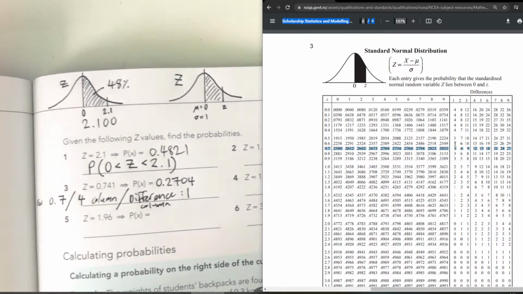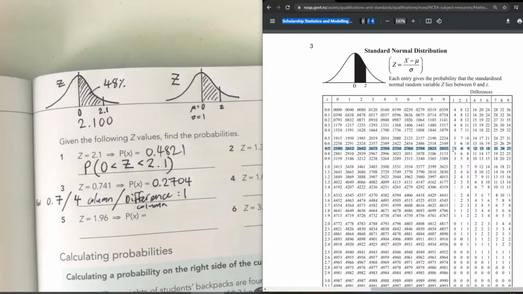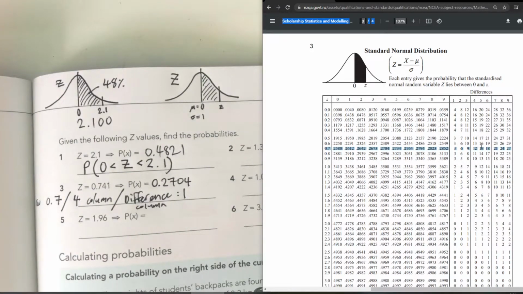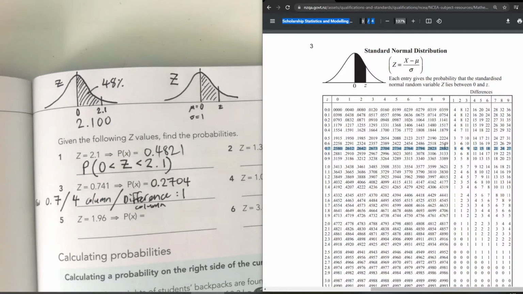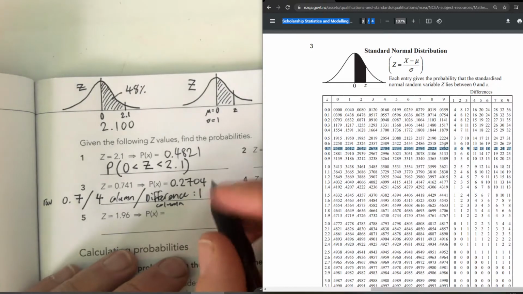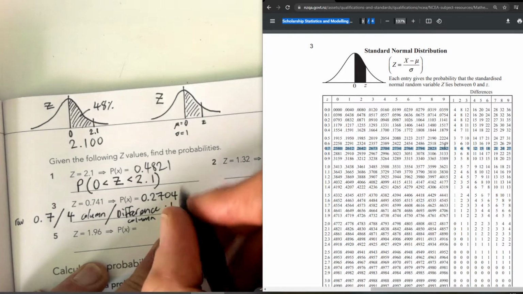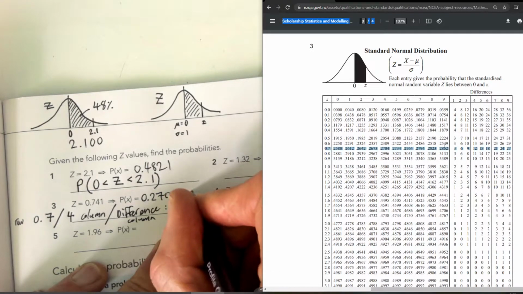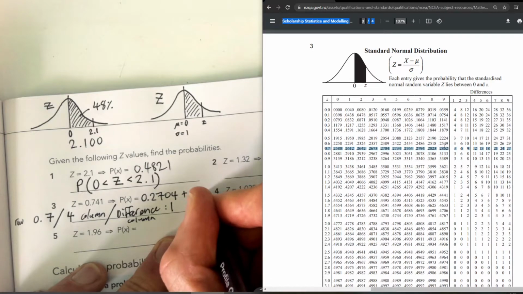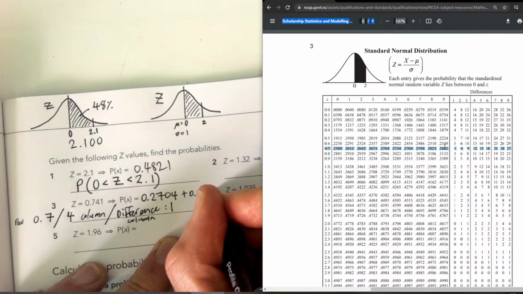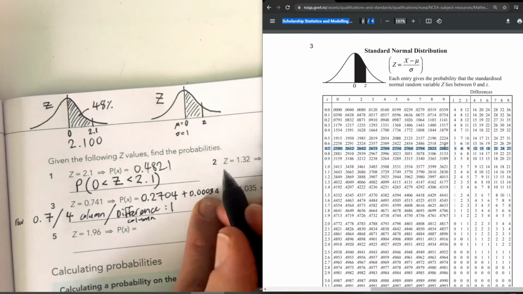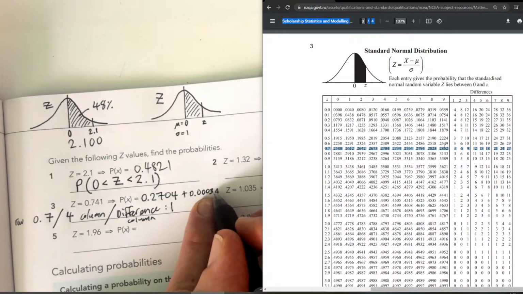Now, you'll notice that these differences, they're either 1 digit or 2 digits. Now, the differences get added on in the 3rd and 4th decimal places. I know it's pretty tough to memorize, but in this instance, we only have to add on 0.00003. So when it's a single digit, it goes in the 4th decimal place.